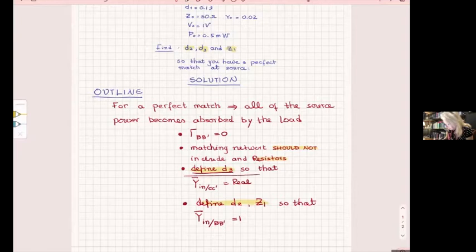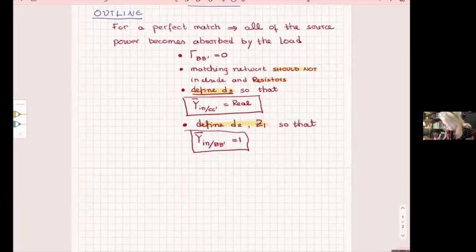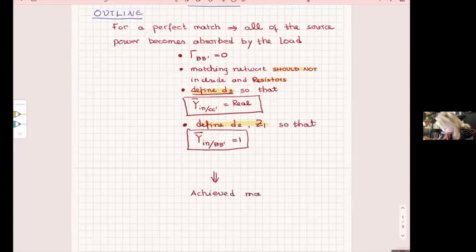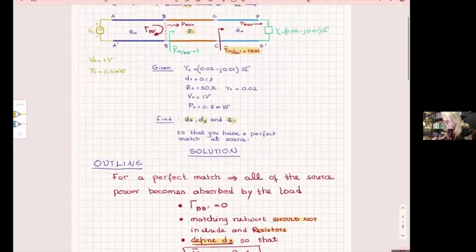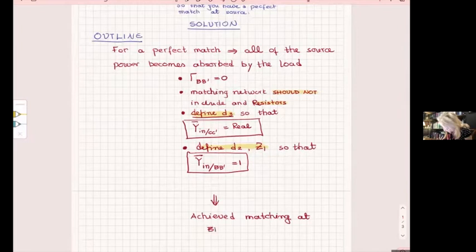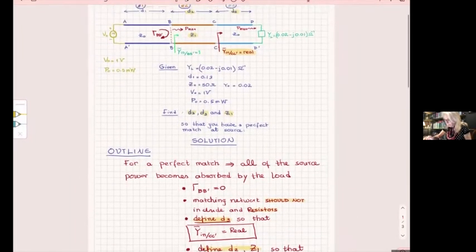And then that implies that I have been able to develop a matching. If I do this, then I have achieved a matching, which means then achieved matching at BB prime.